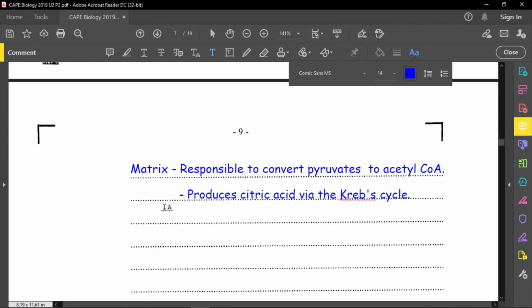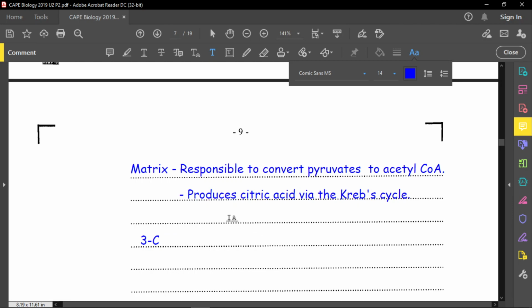So I'm going to quickly summarize exactly what is happening in the Krebs cycle, because what comes in is a pyruvate molecule, which is a 3-carbon molecule, that comes in from glycolysis, which is from the cytoplasm. Then it will convert into two things.